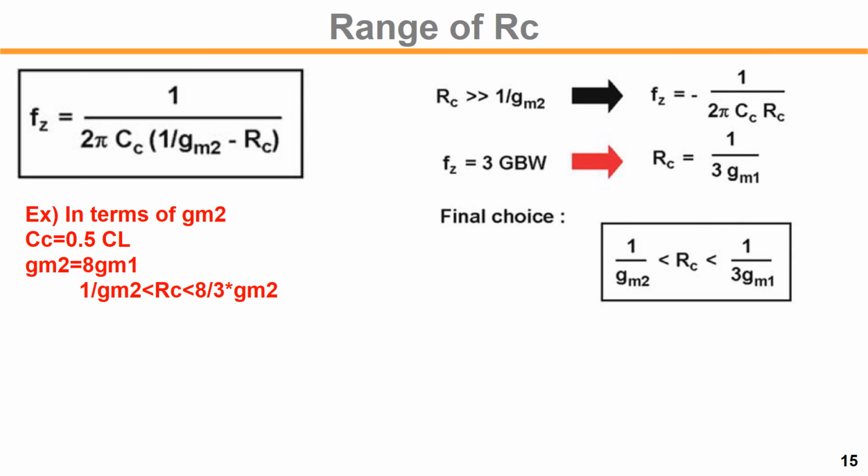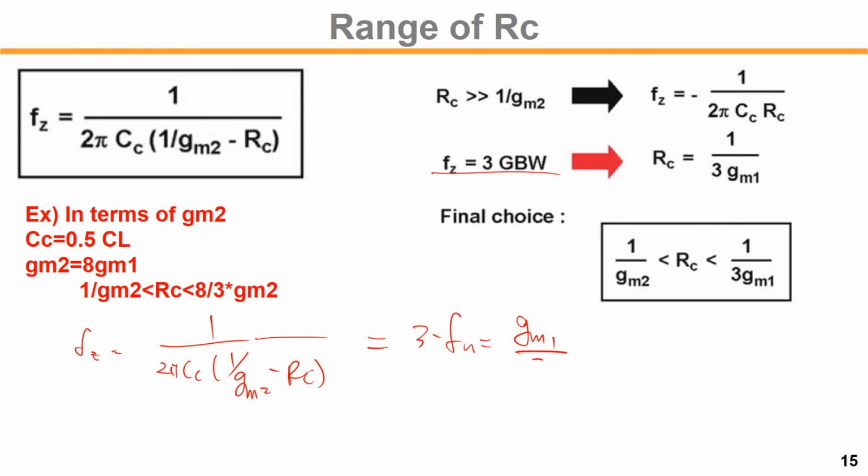Let's recalculate. So FG here is 1 over 2 pi CC times 1 over GM2 minus RC. So we place the 3 times FU around this condition, then that would be GM1 over CC. So if RC is greater than 1 over GM2, then we can approximate one minus that to 1 over 2 pi CC RC, right?